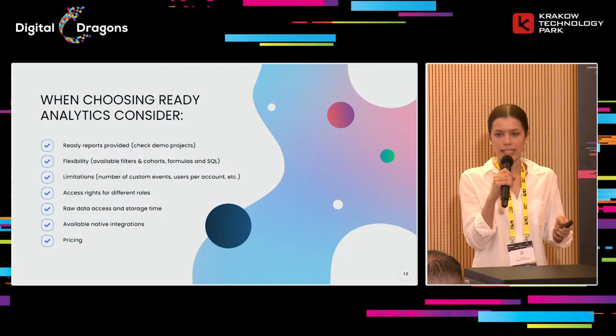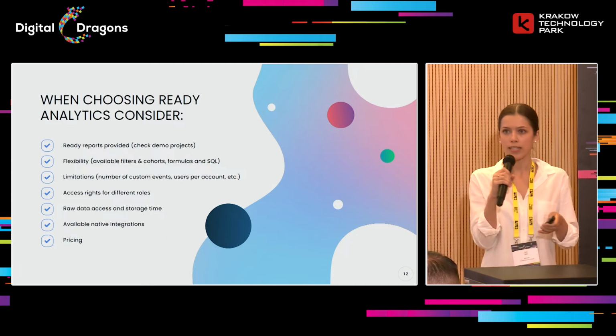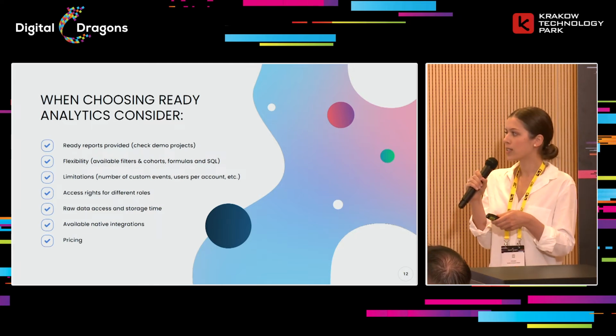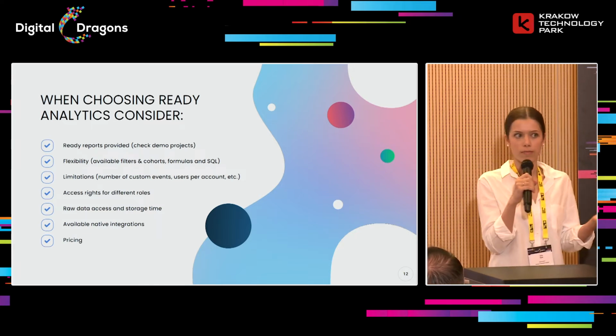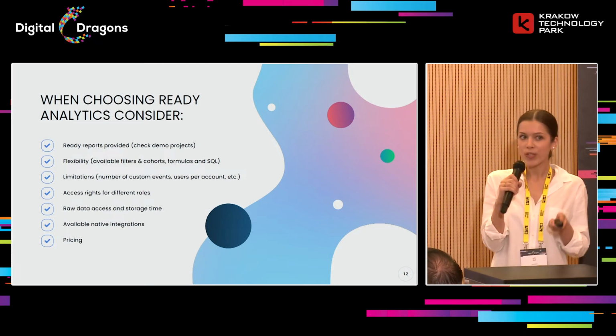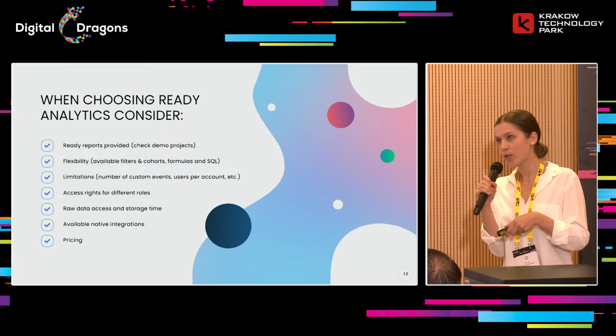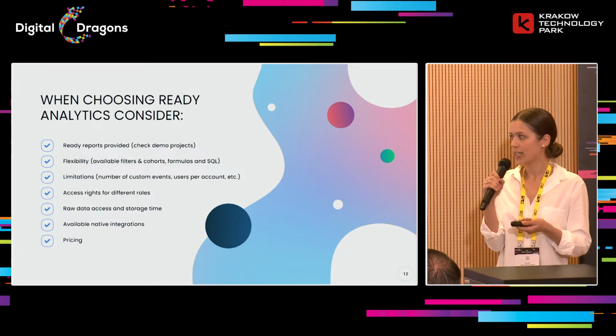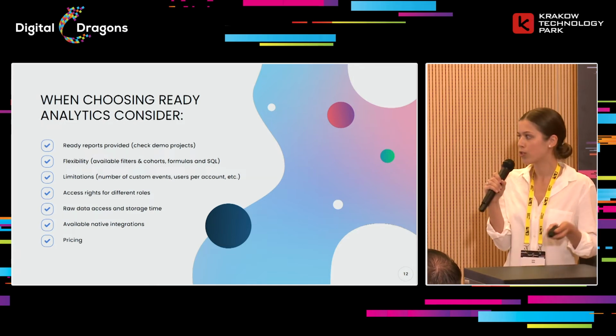Also, if you have a big team with different roles and you need to set different access rights to different reports, make sure this system can provide you different access rights. And ask them also about raw data access, if you can export raw data, and in general for how long they store raw data, because you may need it in future.